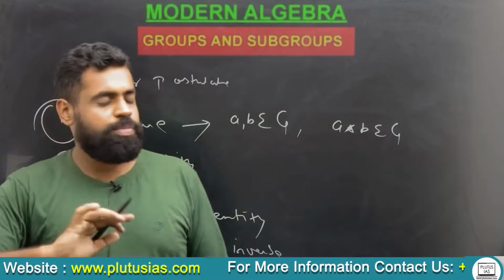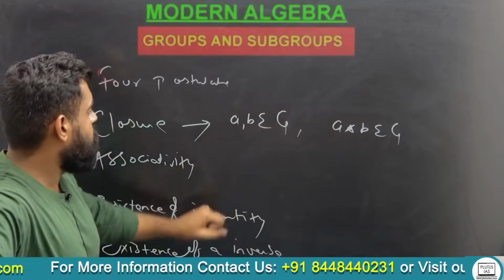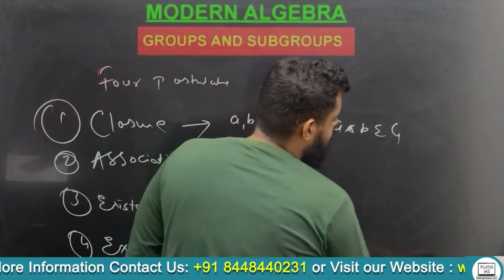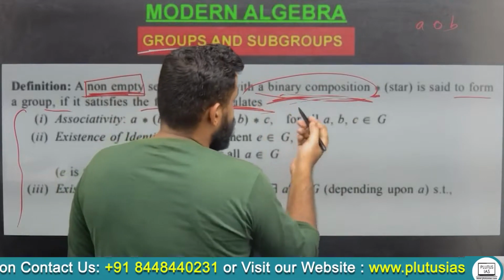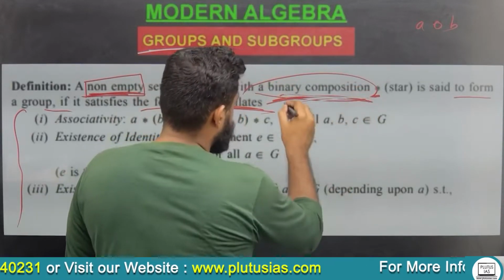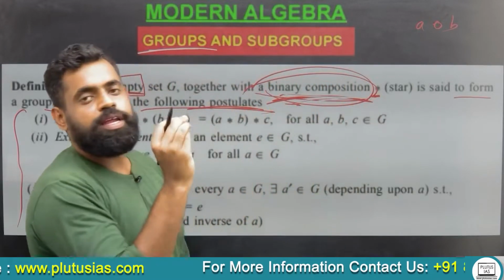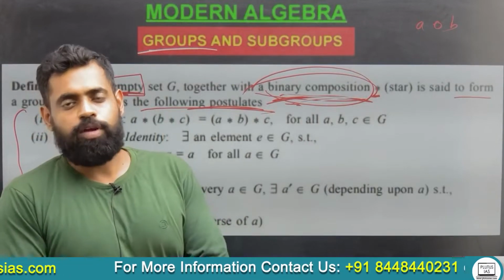In this case it is already written as a binary operation, so it will have the property of closure in it.